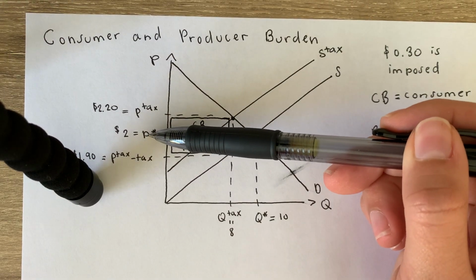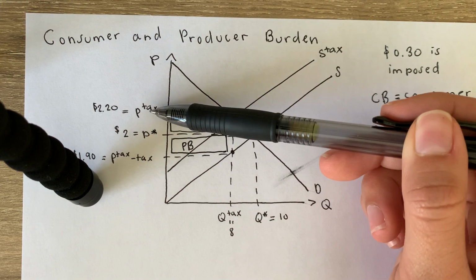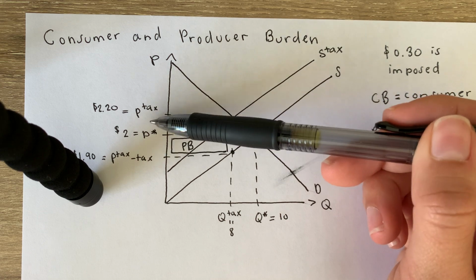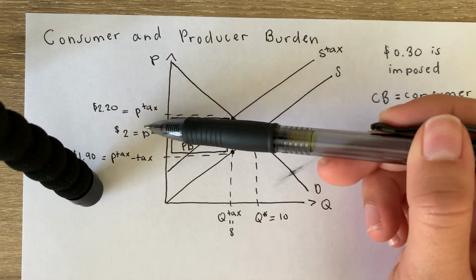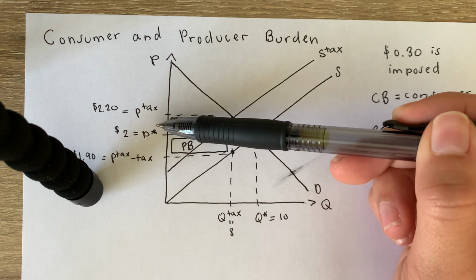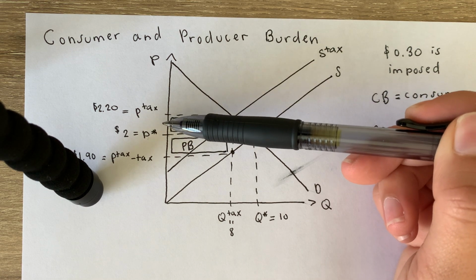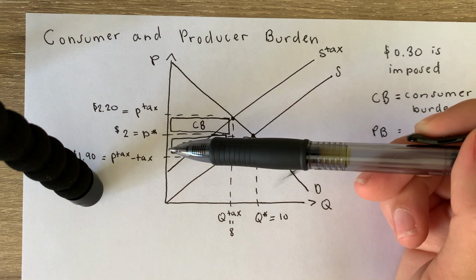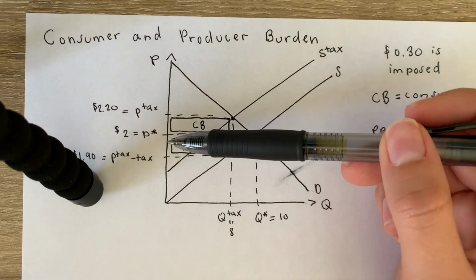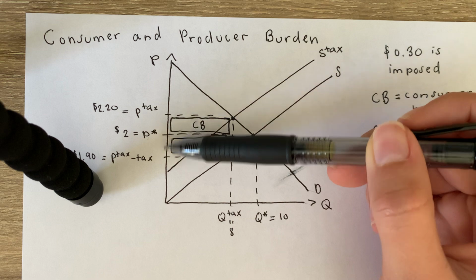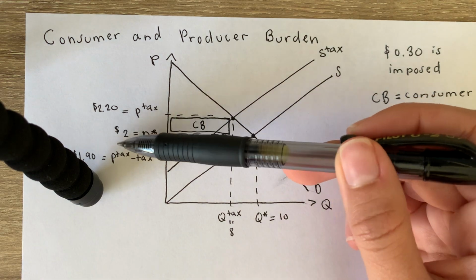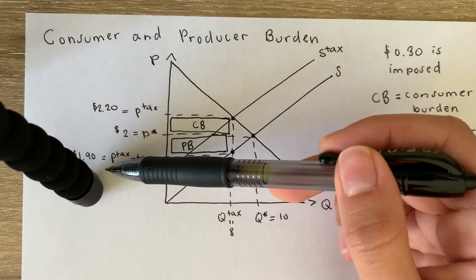Because before they were paying P star, and next they're going to be paying P tax, right? After the tax is imposed, they're paying P tax, so they're paying an extra 20 cents per unit to make up for the tax, right? And then we also see that producers, they're going to give up 10 cents per unit, so they're now earning 10 cents less, right? Before they were getting $2, now after the tax they're only getting $1.90.